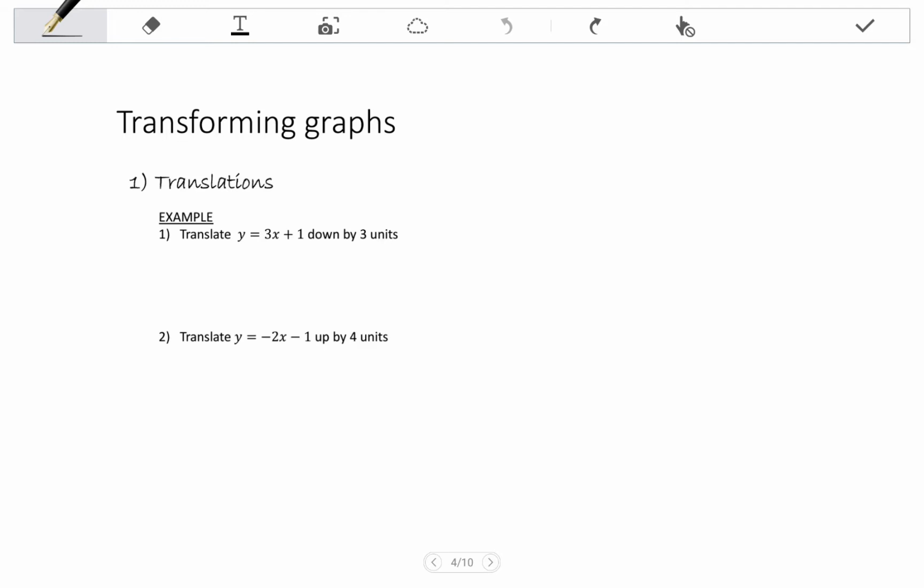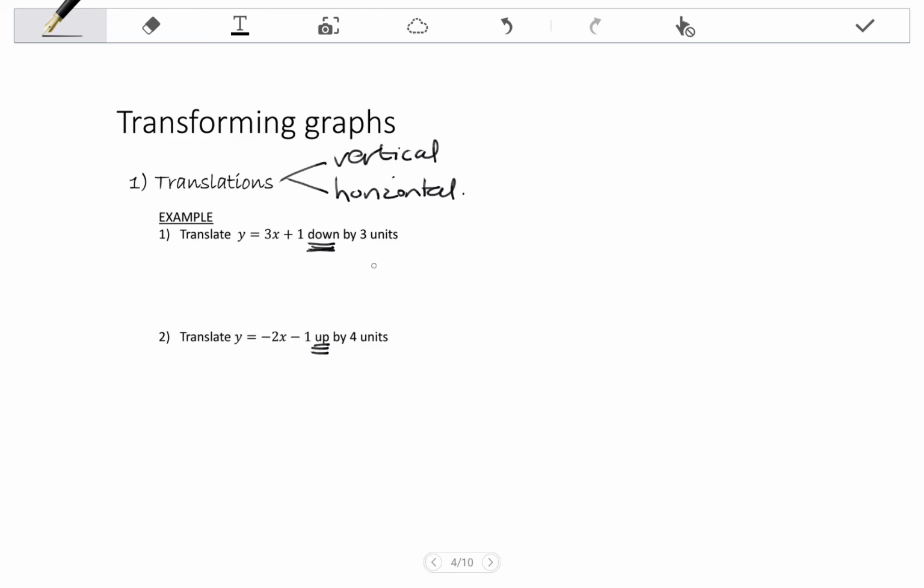The first example says translate y equals 3x plus 1 down by 3 units. Okay, so the first type of translation which we look at here is vertical translation. And of course we can also have horizontal translations, but we're not going to do those here. If I'm moving up or down, it affects the c value of my linear graph.